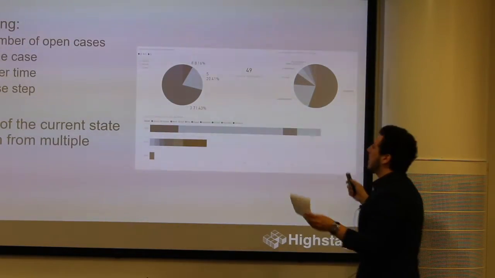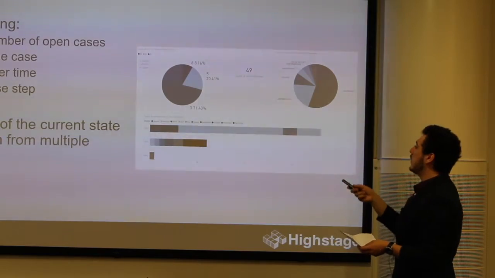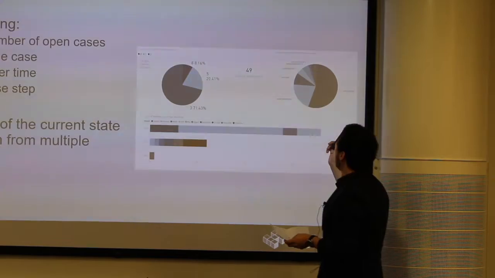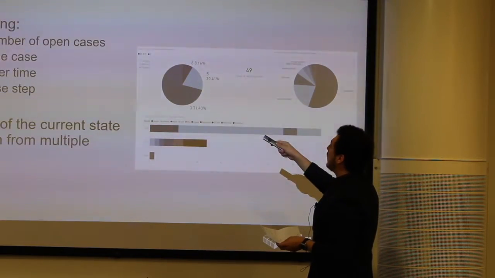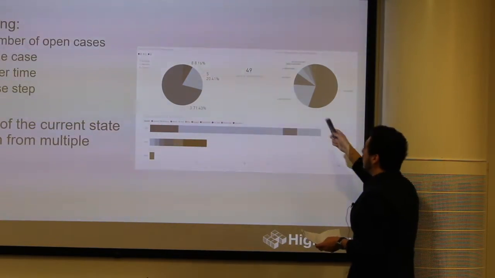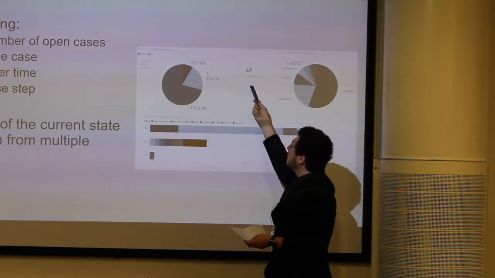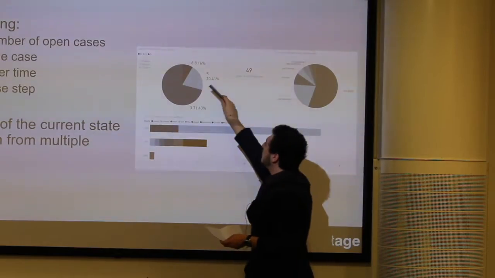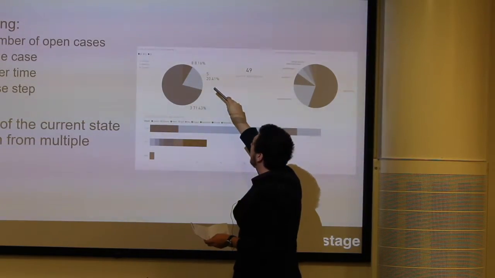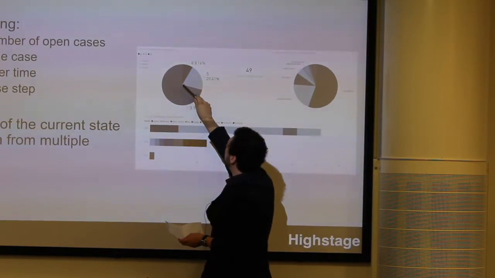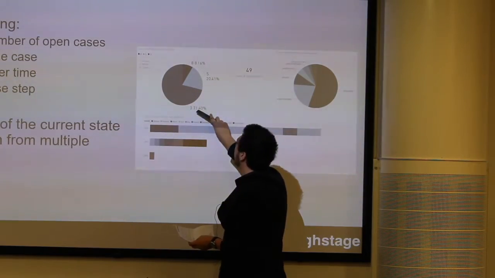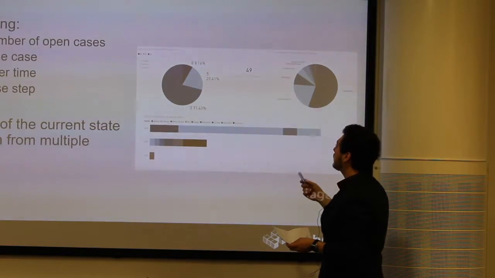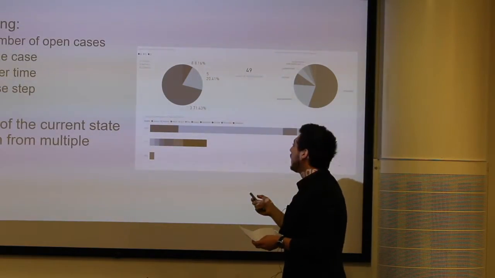And in the end, I made a summary report containing cases and the number of open cases. Then the manager for the case on the right, and here is the number of open cases. Then distribution over time, and the step each open case is in. So, for instance, 71% are analyzed, 8% are in closeout.